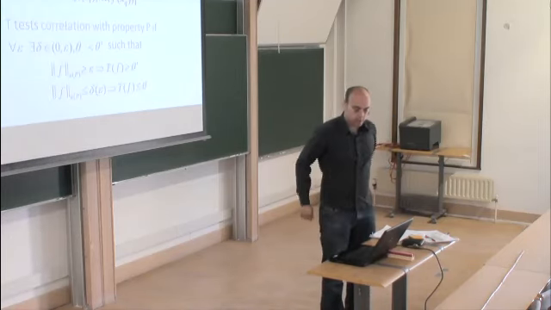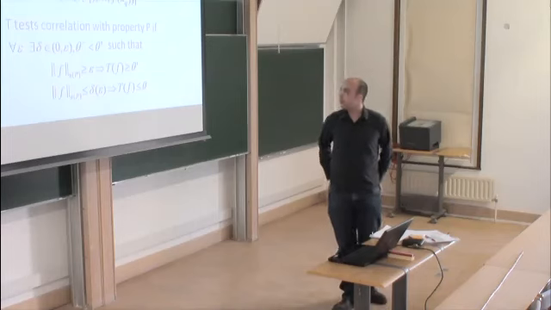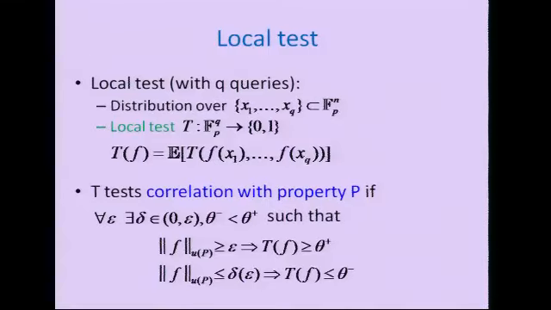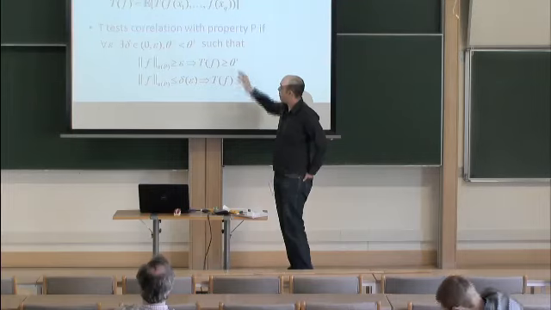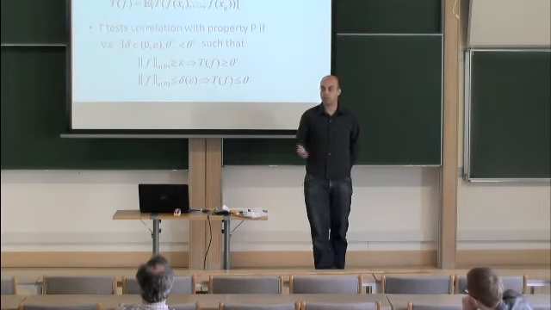And we will say that this test detects correlation with a property if, intuitively, this test allows us to distinguish functions that have some correlation with this property from functions that have no correlation with this property. And to put it more quantitatively, for every correlation epsilon that you want to detect, there is a much lower correlation delta, which you can think of as being almost 0, such that if the function has correlation at least epsilon, then this test accepts with probability at least theta plus.